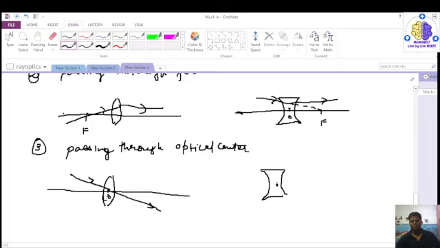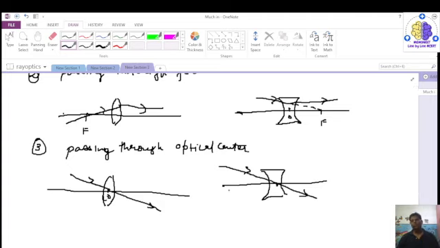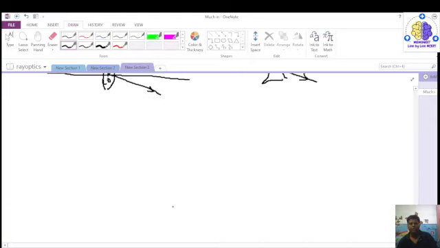This is the optical center, this is the principal axis. A light ray passing through the optical center will go undeviated. So these are the three rays which we are going to use for image formation using the convex lens and concave lens.